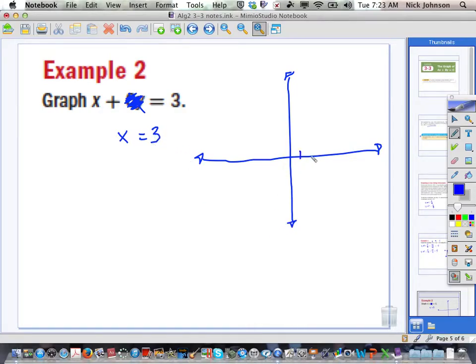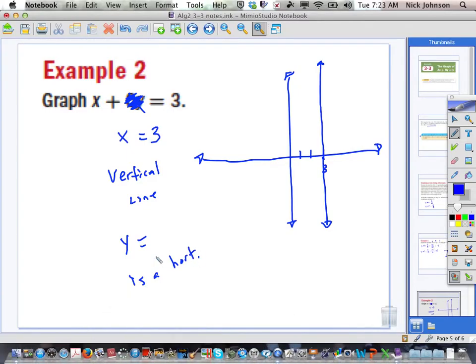So I go 1, 2, 3, and draw my vertical line. Remember, x equals is a vertical line, y equals is a horizontal. Okay?